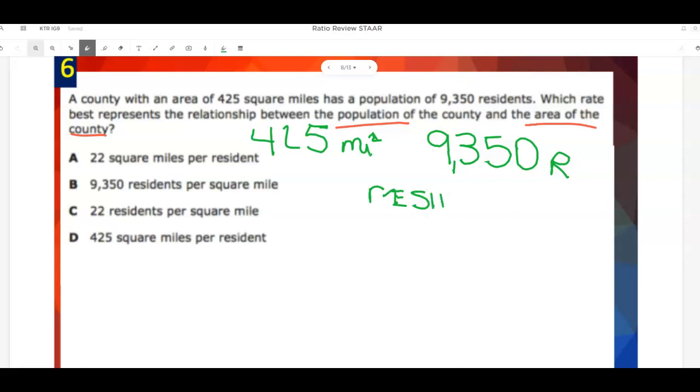So we need residents to miles. I'll stick with the R's. Okay. So you are finding residents per mile.